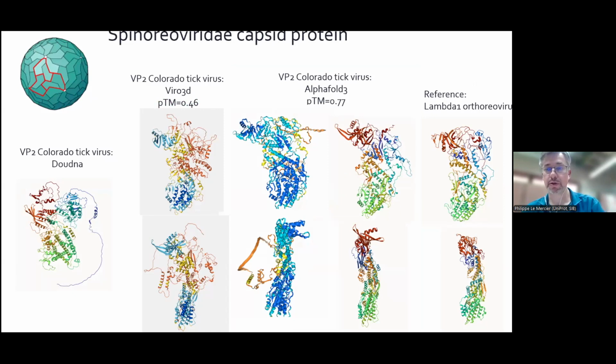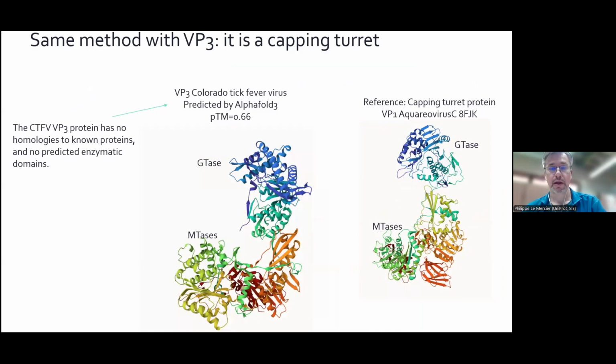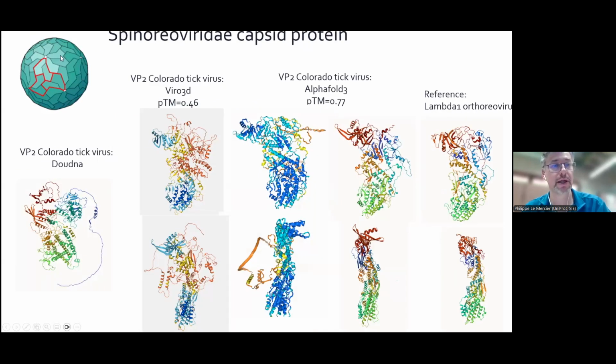So this is pretty much the same slide, the same method I use with many proteins. So this is VP3. This is an enzymatic protein, which is attached to the capsid, because in these viruses you have a capsid like that, which is made by 60 dimers of these proteins, and at the pentamer side, there are 12 pentamers.